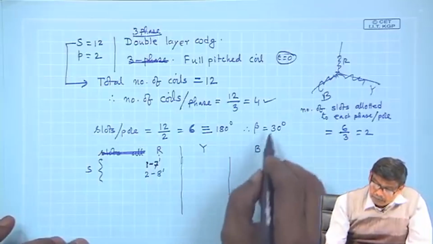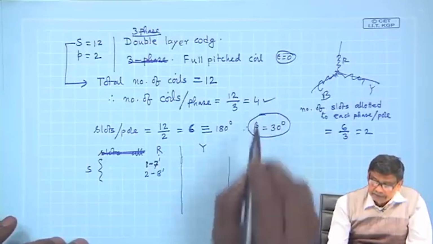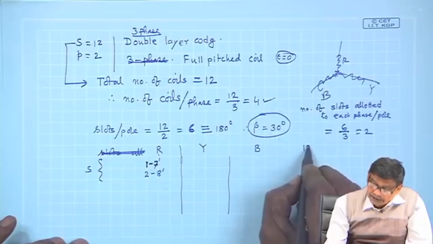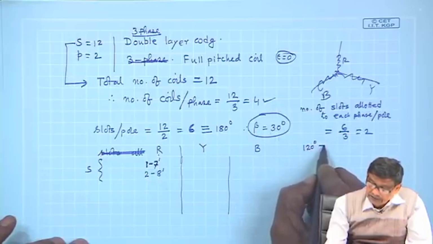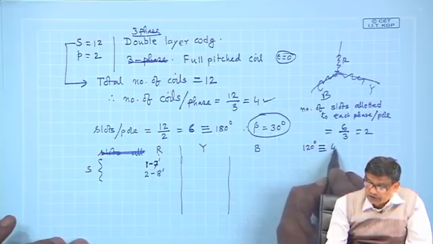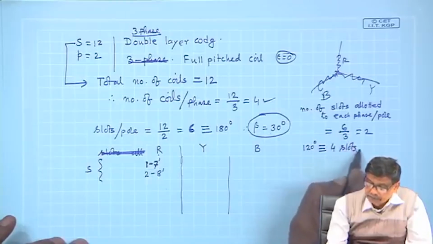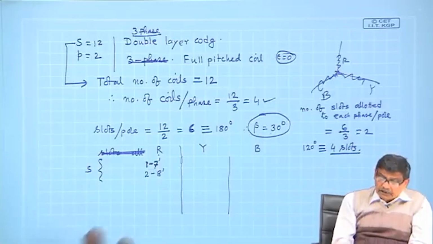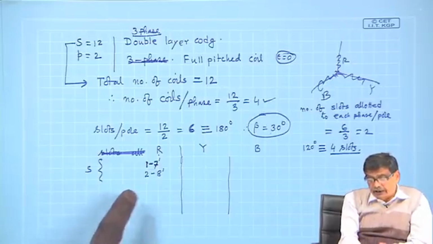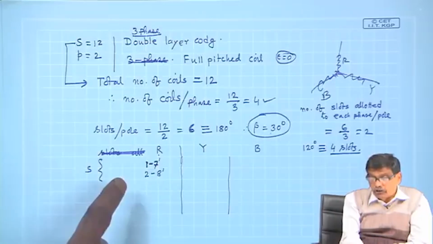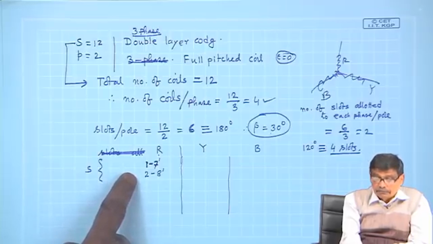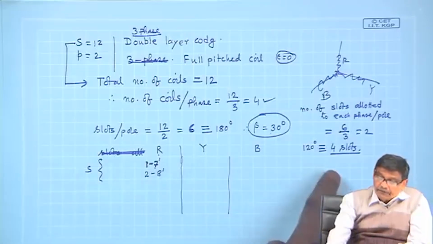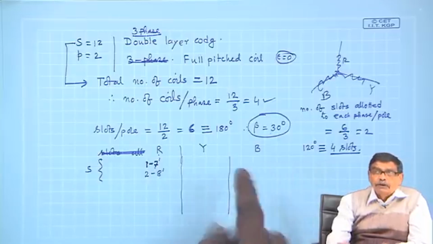Now, beta is 30 degree, therefore 120 degree is equivalent to 4 slots, this number is known. Therefore, if you have started R phase from slot number 1, Y phase should start from slot number 1 plus 4, 5.